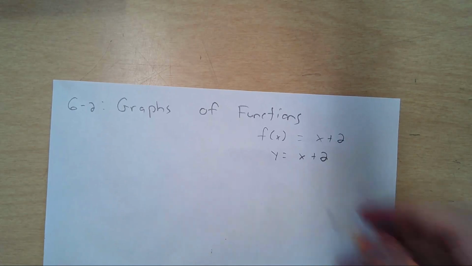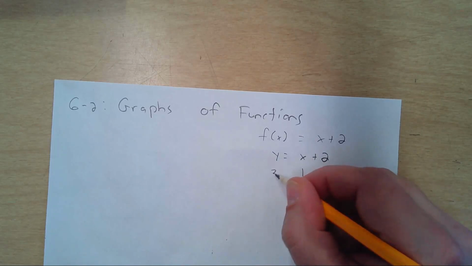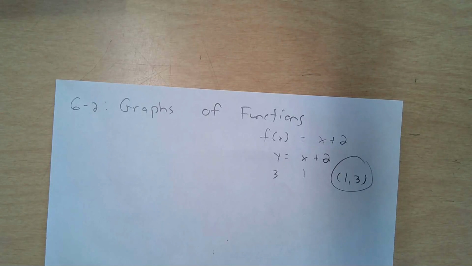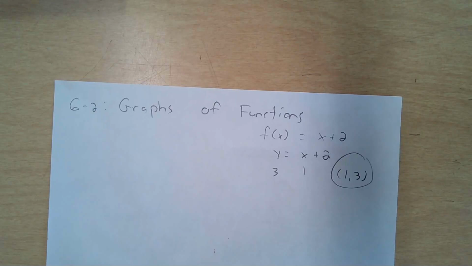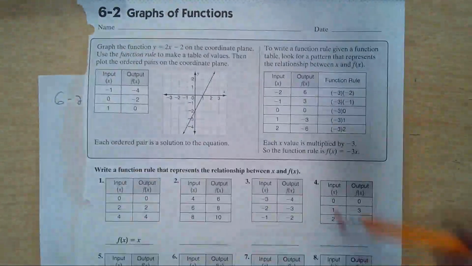But again, it can help because you know that if x is 1, y is 3. And of course, that's a coordinate right there that I could plot on my graph. But they'll be giving us some of these input outputs.